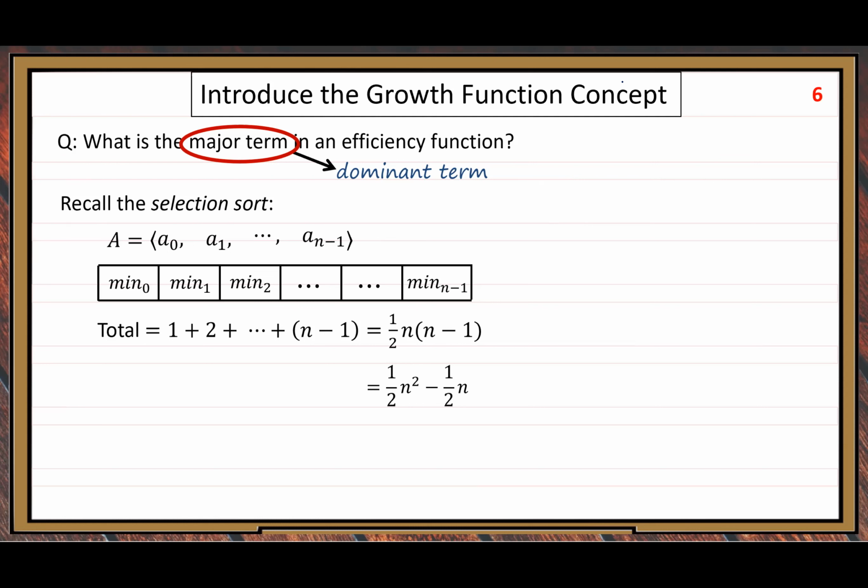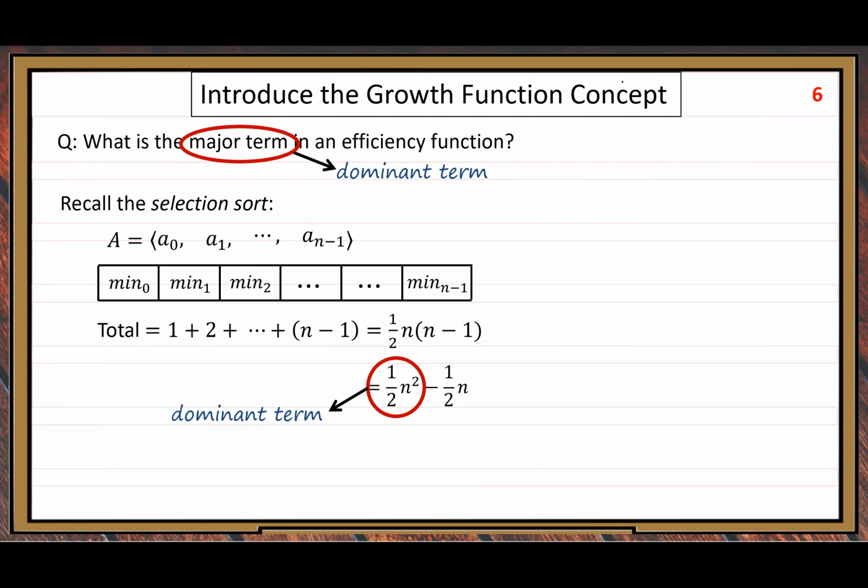So the first term dominates all other remaining terms, so we can ignore those minor terms. You do not lose much. That's the first concept, the dominant term concept.